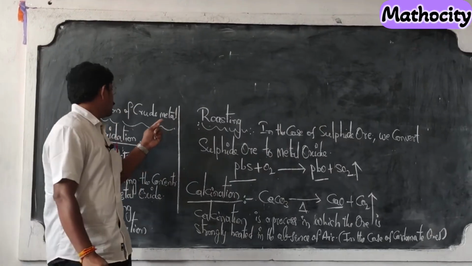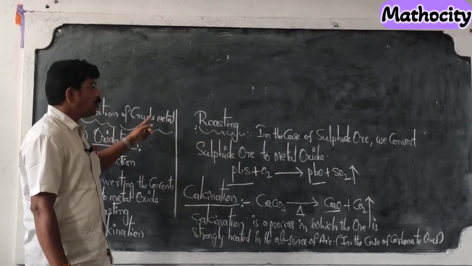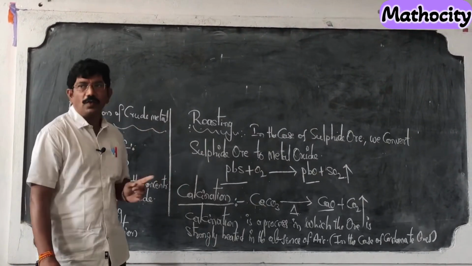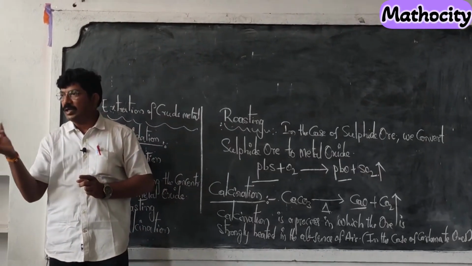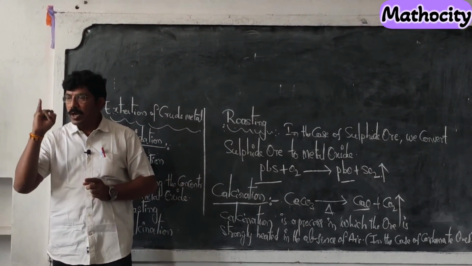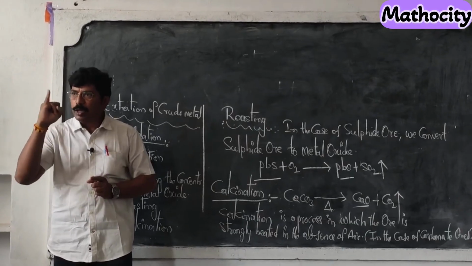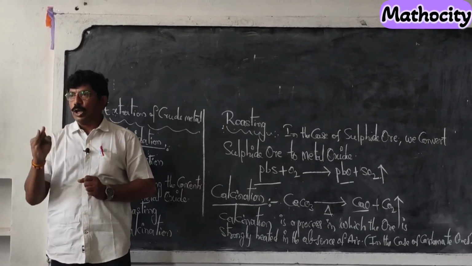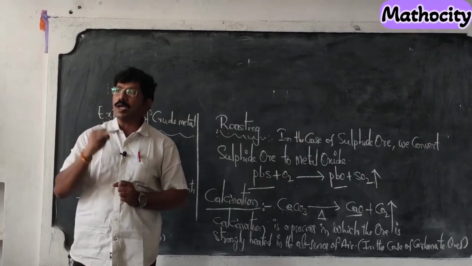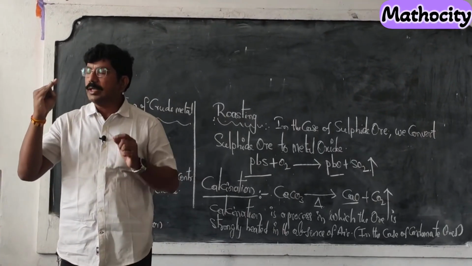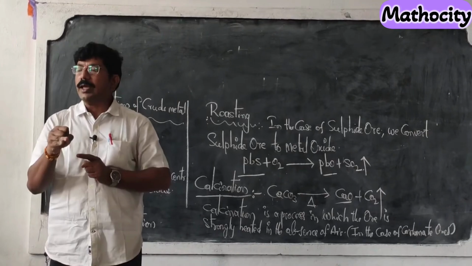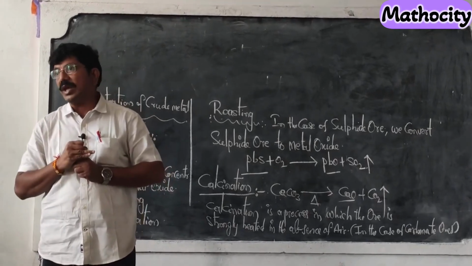After removing the unwanted impurities, what we are doing? Extraction of crude metal. In this process, what we are doing? Oxidation and reduction. In the oxidation process, we are adopting roasting and calcination. Roasting is a pyrochemical process in which the ore is heated strongly in the presence of excess supply of oxygen.